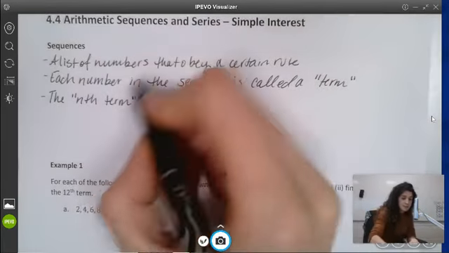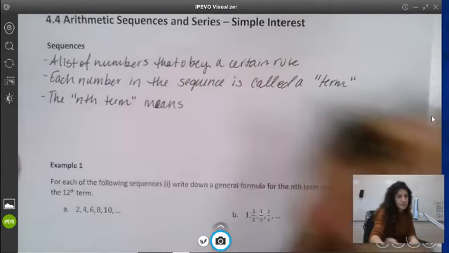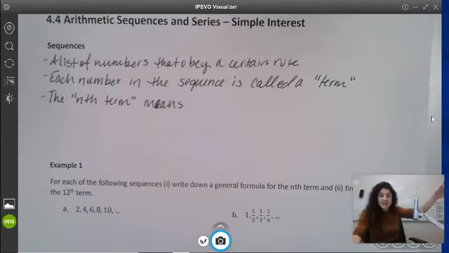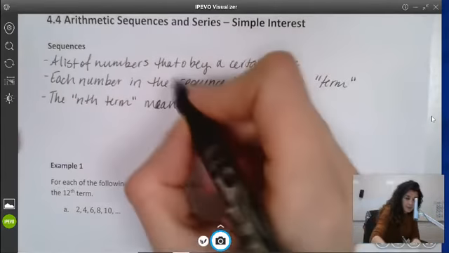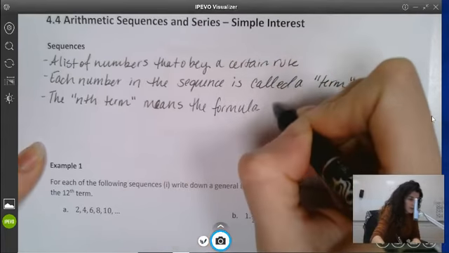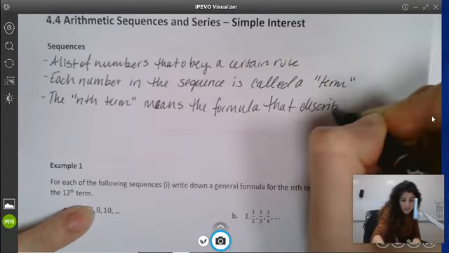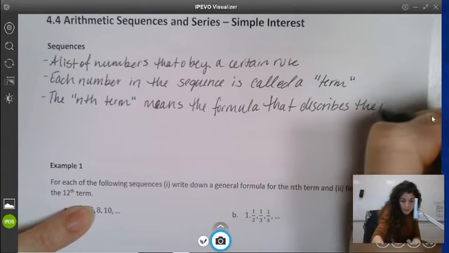So the nth term means the last term of the sequence. If the sequence doesn't end, then it's the rule or the formula that describes the pattern.